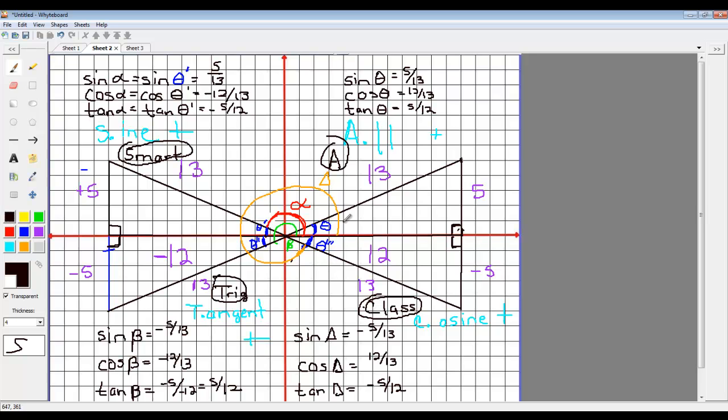Let's just focus on this triangle right here. This 5, that's a y value. That's straight up and down distance. This 12, that's an x value. That's a horizontal distance. And then 13, that's like the distance between the origin and this point here. We can go ahead and label that as r.